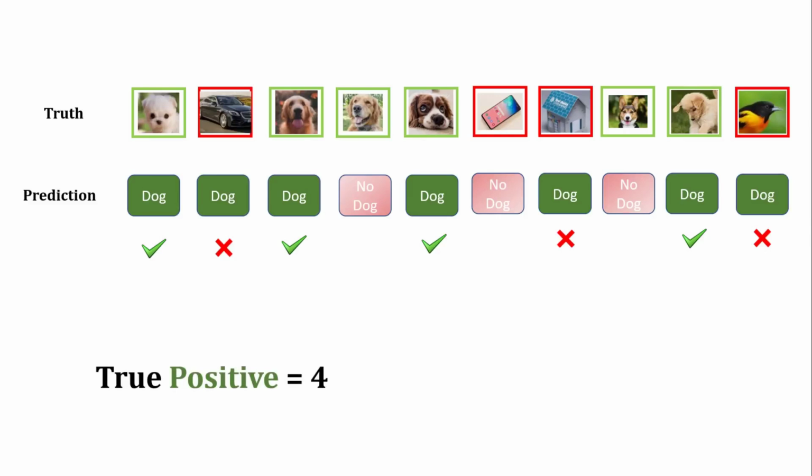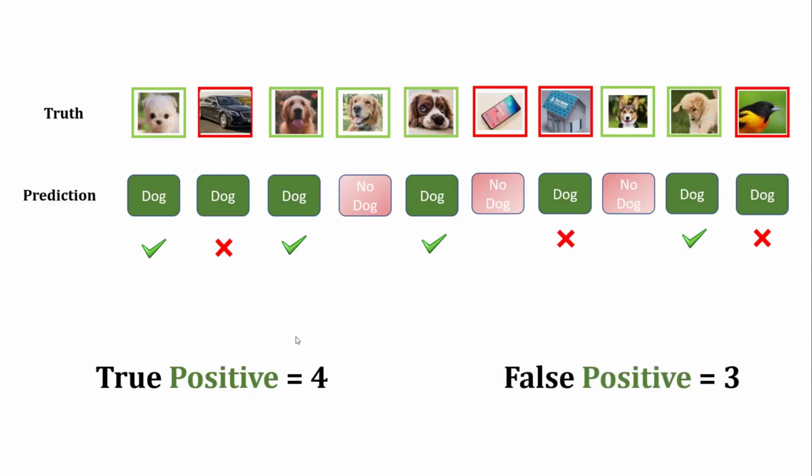Whichever predictions are correct here are called true positive. So here the positive, which is the second word, means our positive class, which is in green, is dog. Out of those positive predictions, how many of them are really true? When you try to identify them as true, you compare with reality. When we compared all this with reality, we found only 4 predictions were true for dog and 3 were wrong.